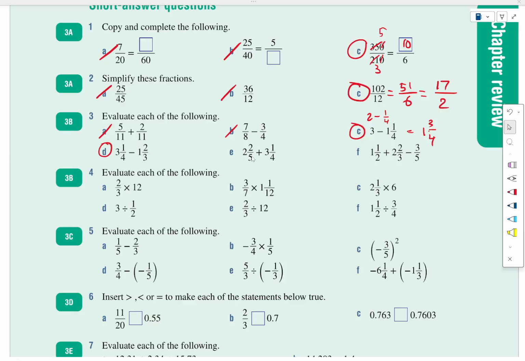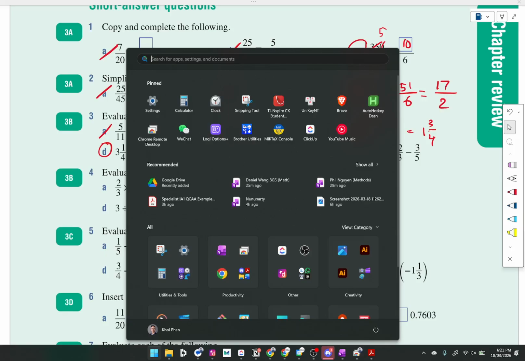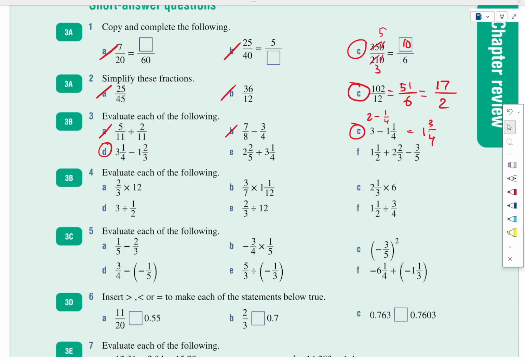Now question E. 5 and 13 out of 20. 13 over 20. Yes, that's correct.